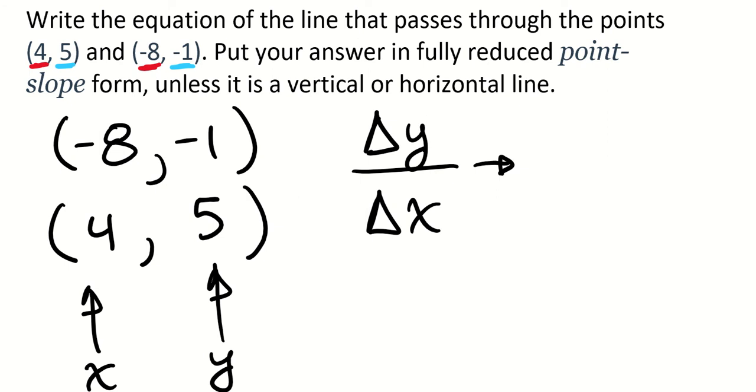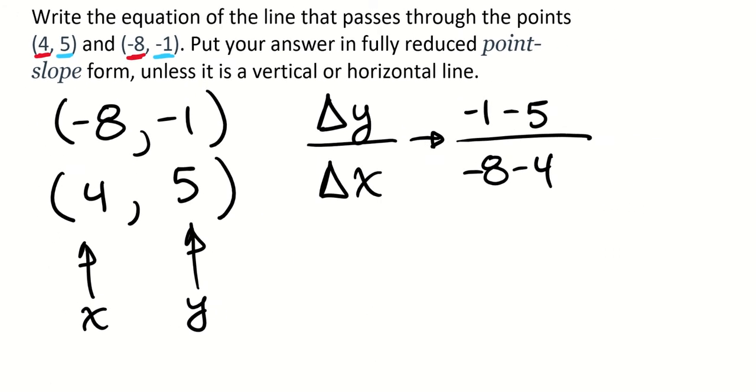To calculate how much y changes, I'm simply going to take the top y value and subtract the bottom y value. And I'm going to follow that same pattern for the x's. I'm going to take the top x value, -8, and subtract the bottom x value, 4.